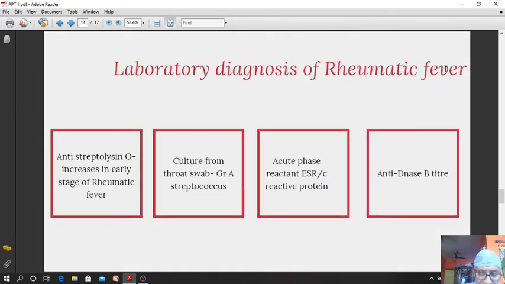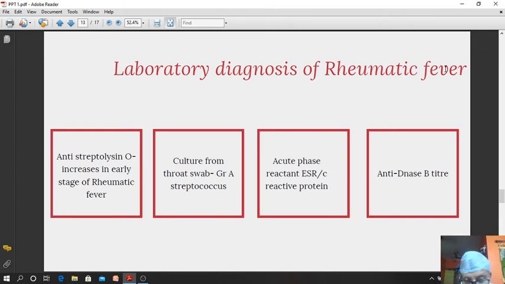Next. Laboratory diagnosis of rheumatic fever will have anti-streptolysin O or ASO in common parlance, which increases in the early stage of rheumatic fever. If we do a culture from the throat, we can isolate group A Streptococcus. This is the second laboratory parameter. First is ASO titer.